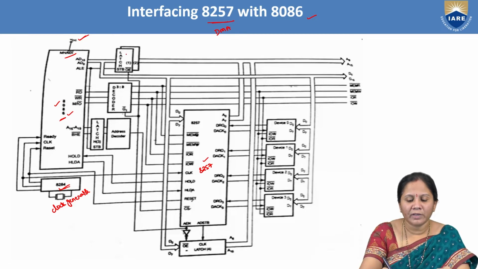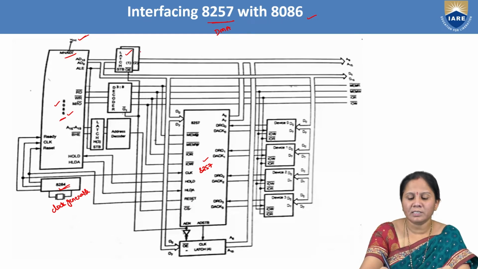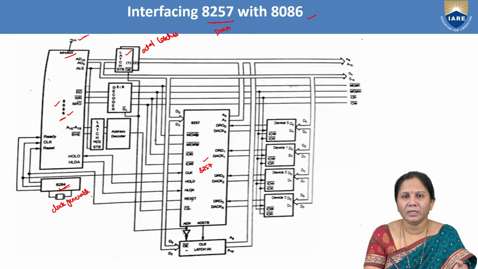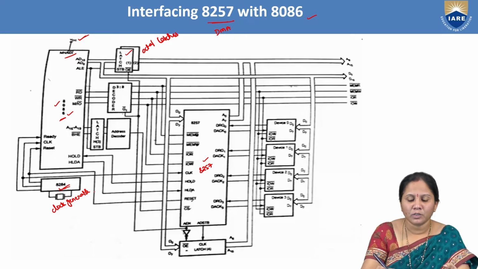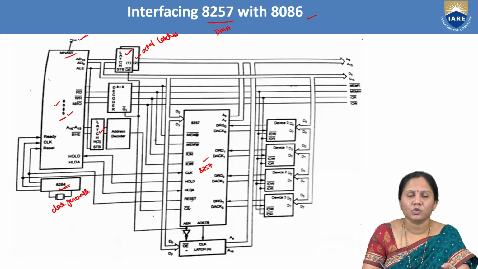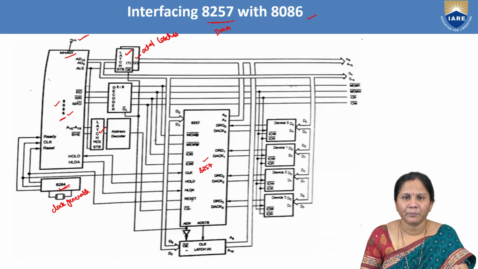Now here we can find latches, and we know that the latches we are using are octal latches. So 8086 microprocessor has 20 address lines. In order to handle the 20 address lines, we require 3 octal latches. So here this is latch 1, this is latch 2 and another latch is latch 3. So 3 octal latches are used here because the address bus size of 8086 microprocessor is 20 bit.